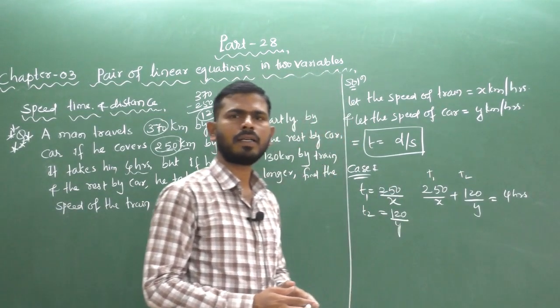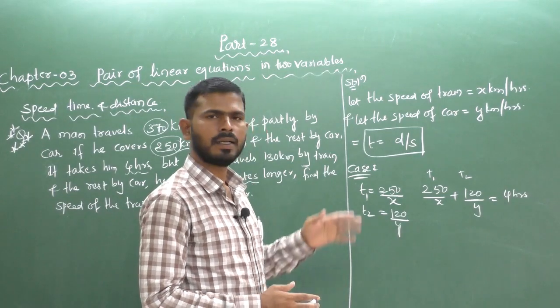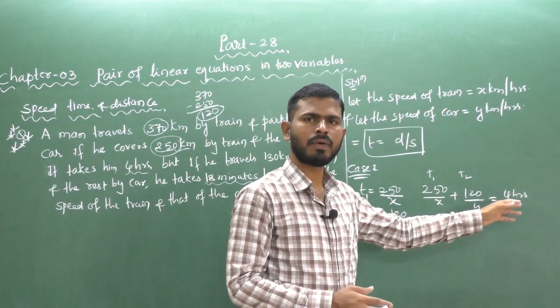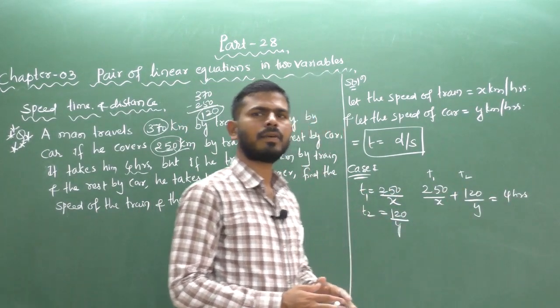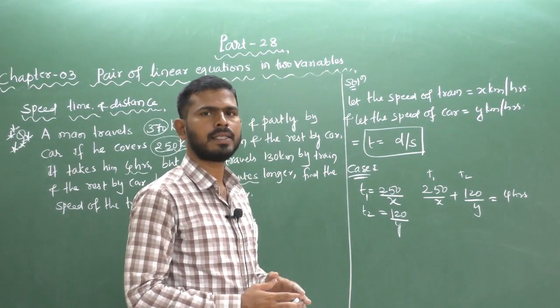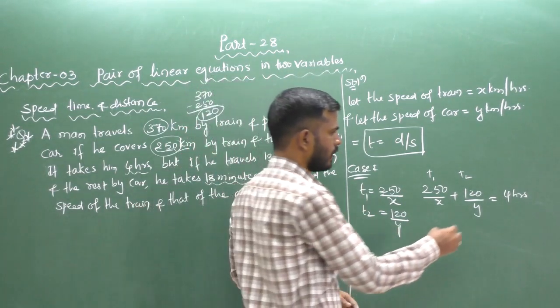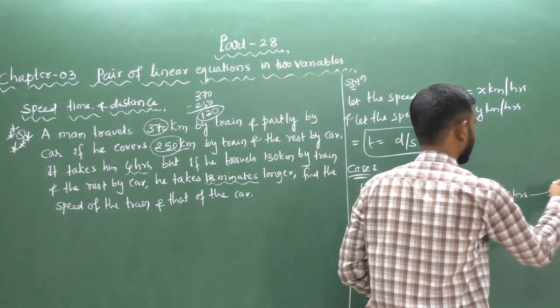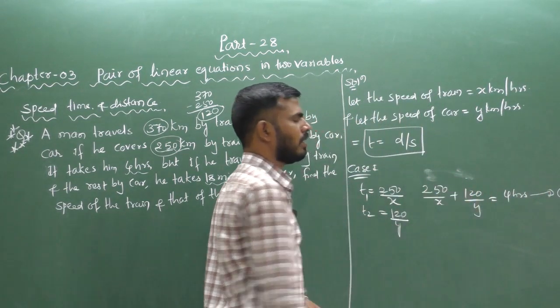The total time required to cover the 370 km for a man is 4 hours. So this is equation number 1.